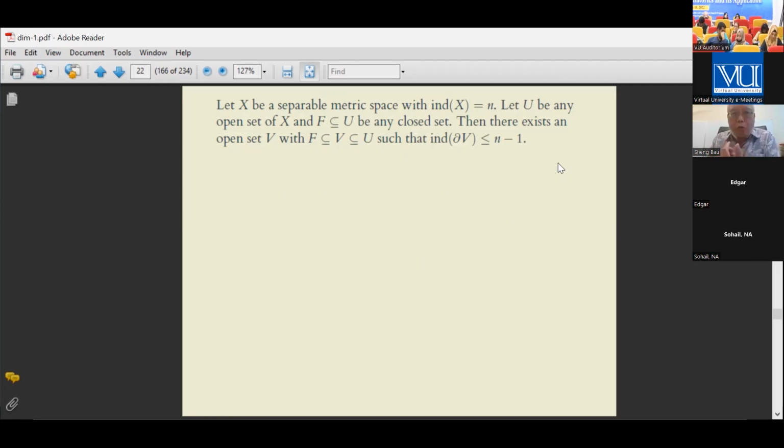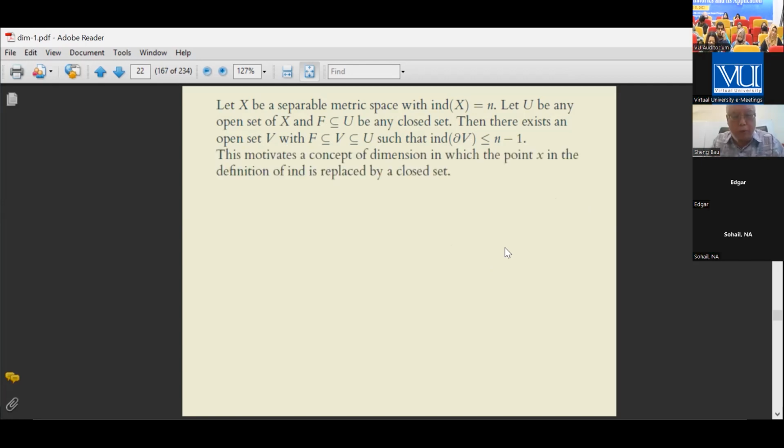Let U be any open set of X and F a closed set contained in U. Then there exists an open set V between F and U, such that the boundary of this intermediate open set has lower inductive dimension at most n-1.